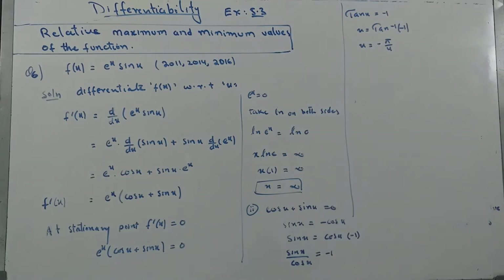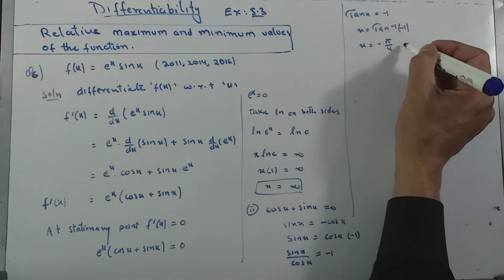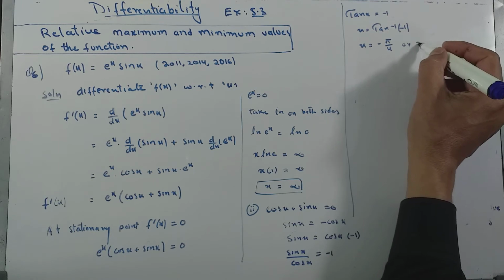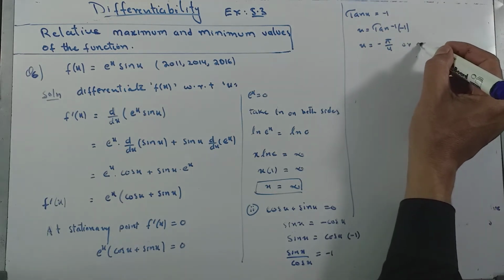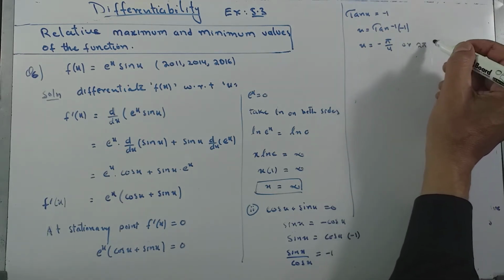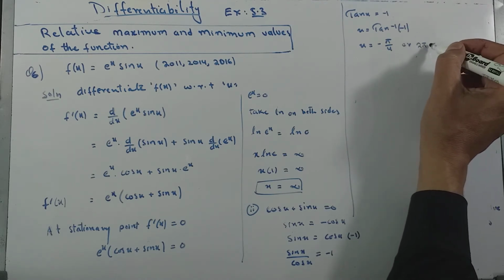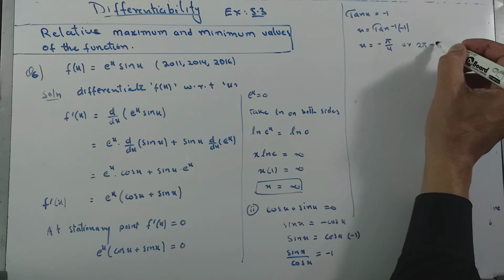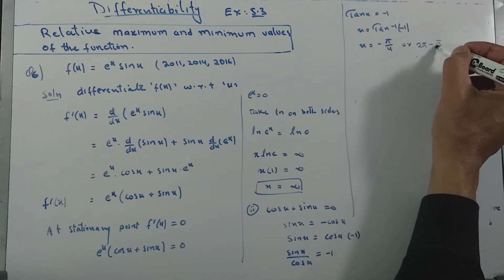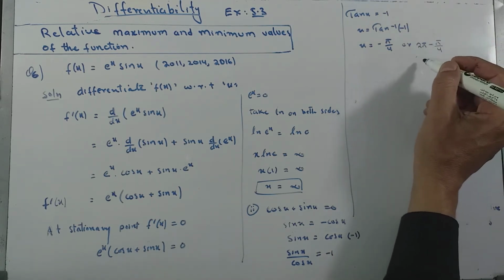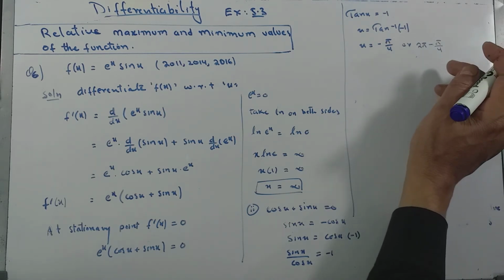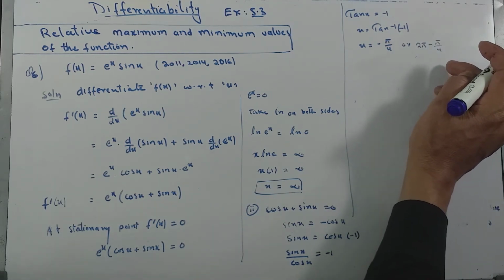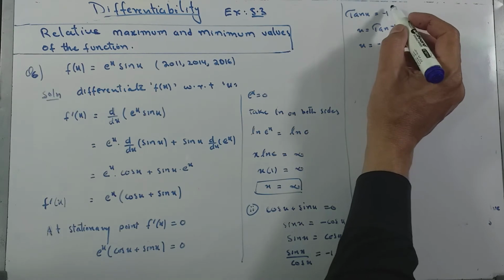You can write minus pi upon 4, or we can write it like this, 2 pi minus pi upon 4. That is one value, because minus pi upon 4 is the x for the tangent which is equal to minus 1.